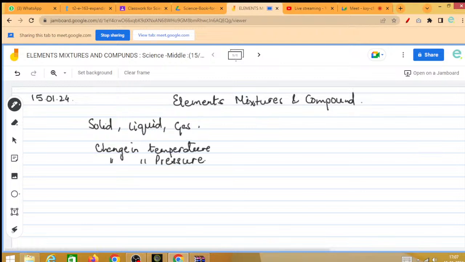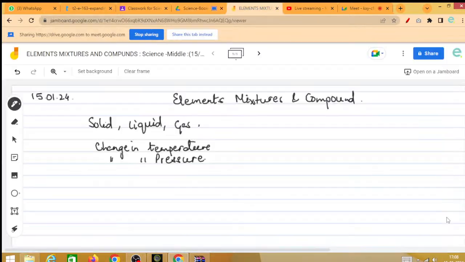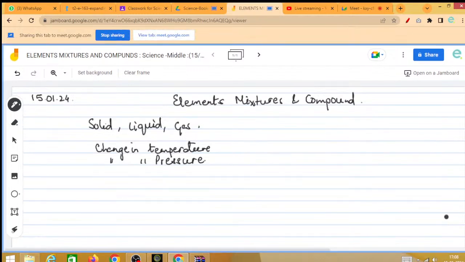Okay, next. What are the properties of matter? Yes, ma'am. Properties of matter. What is matter? First tell me that.